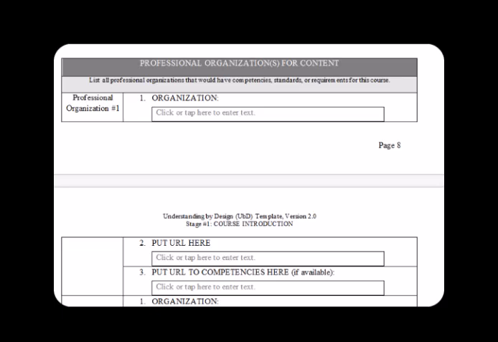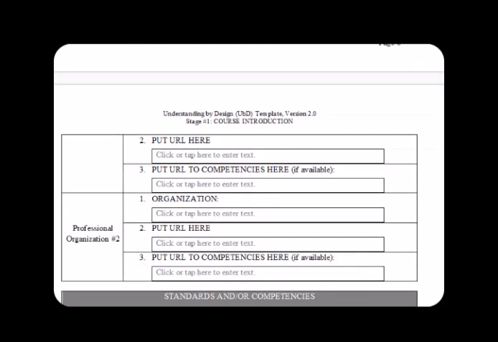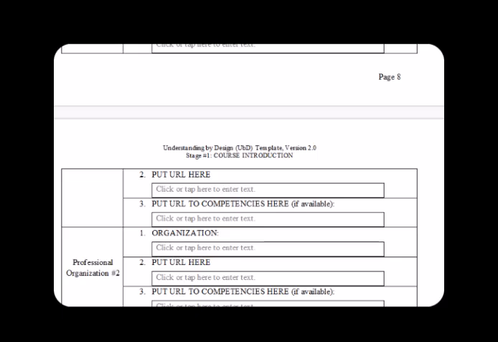Instructors should consider the standards or competencies, but it is not the main goal or instruction for the unit. Standards and competencies should be met during the unit, but again, it is not the main goal or instruction for the unit. In the template, you should include the names of your professional organizations and the URLs to the organizations.